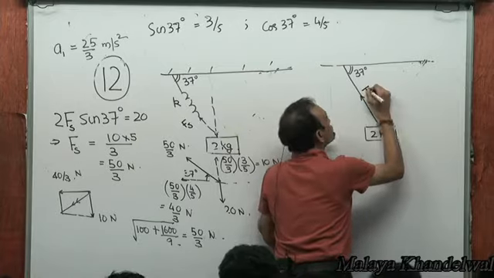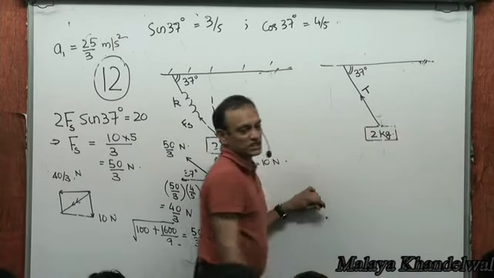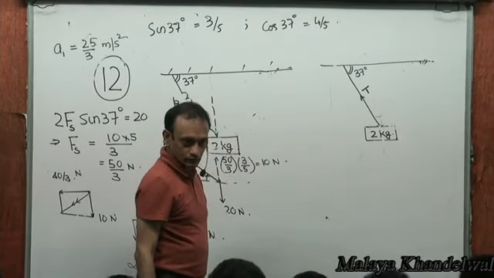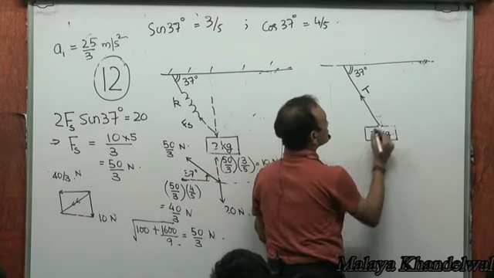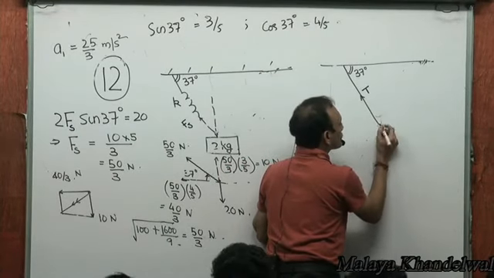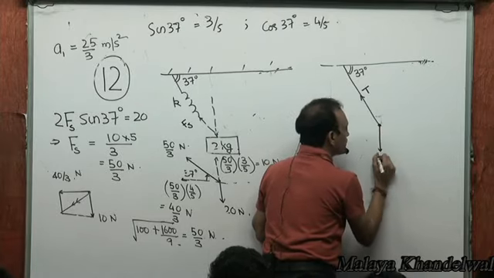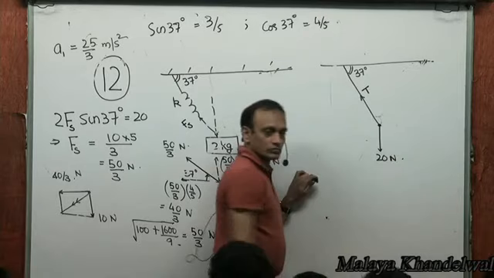Now, the tension right after I snap this becomes T. There is 20 newtons like this, gravity.